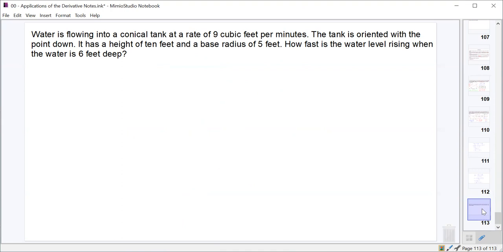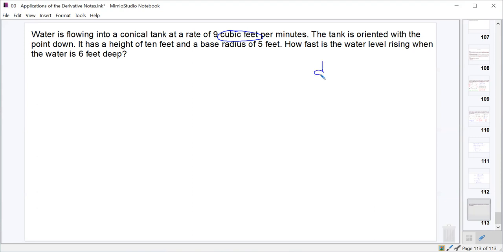So we are given water flowing into a conical tank at a rate of 9 cubic feet per minute. The first thing we'll probably notice is that this is cubic feet per minute. It's telling us that this water is flowing into the tank. Those units, cubic feet, indicate that this is a volume.